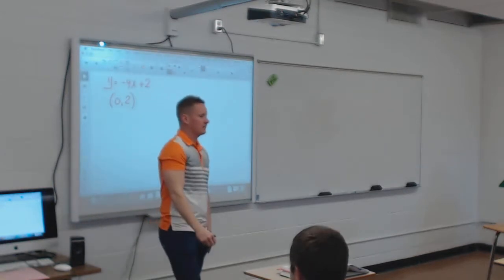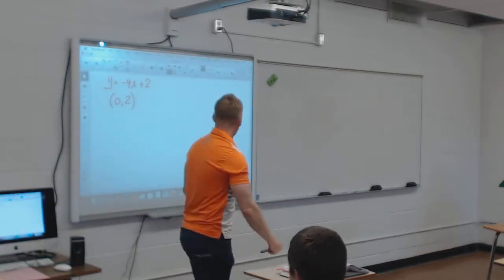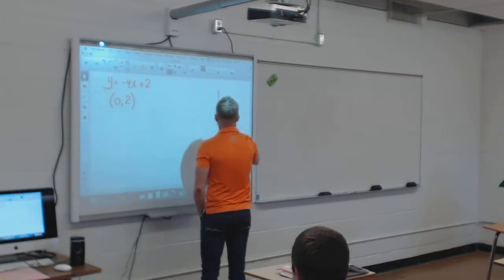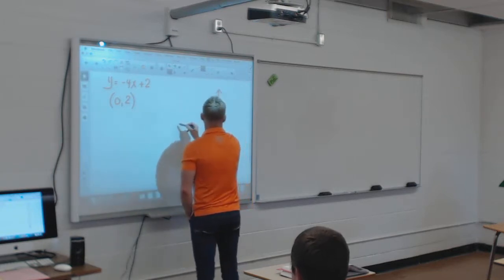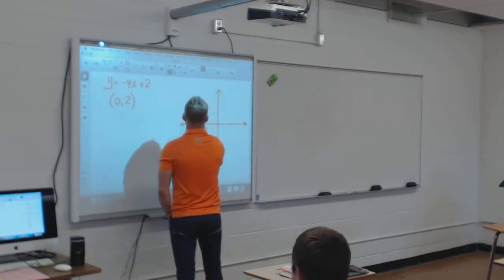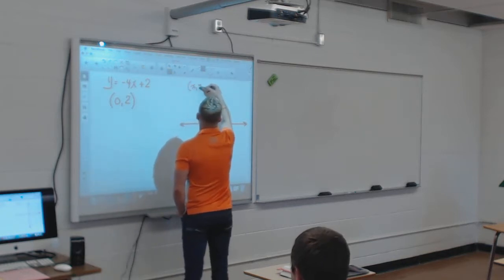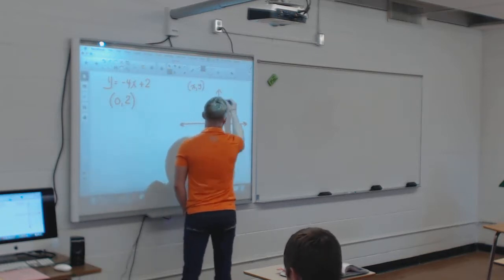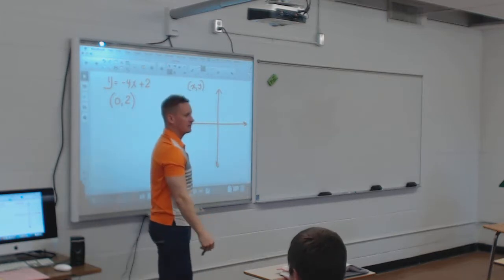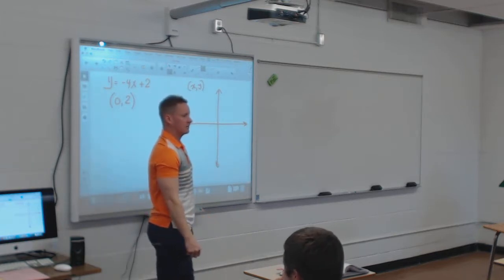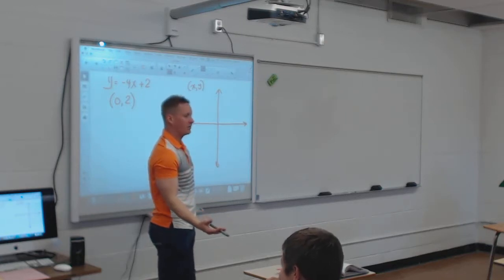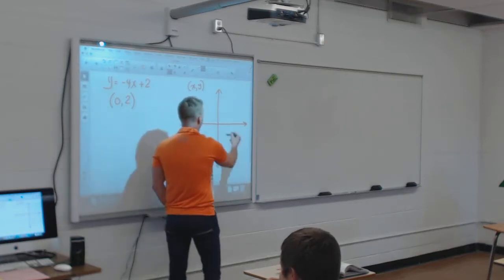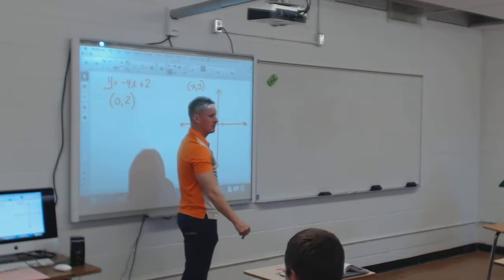What is the 0? Your x. When you graph a coordinate, my coordinate is x, y. Do you agree with me? What's my x value along here? It's 0. What is my x value right here?